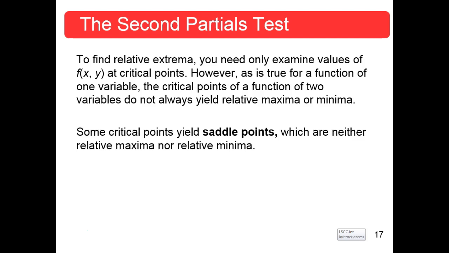However, as is true for the function of one variable, the critical points of a function of two variables do not always yield a relative maximum or minimum. I indicated that before. Just because if you have a minimum or maximum, you know you've got a critical point. However, having a critical point doesn't guarantee a minimum or maximum. Some critical points yield what they call saddle points, which are neither relative maximum or relative minimum.